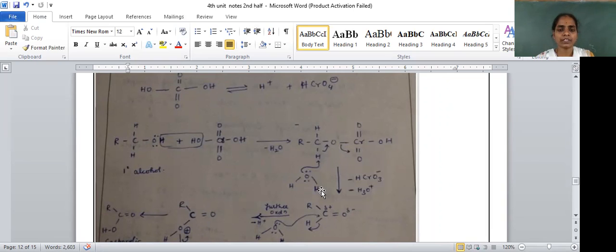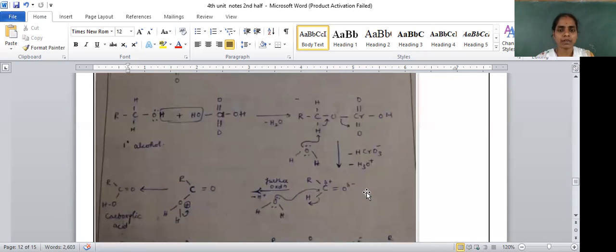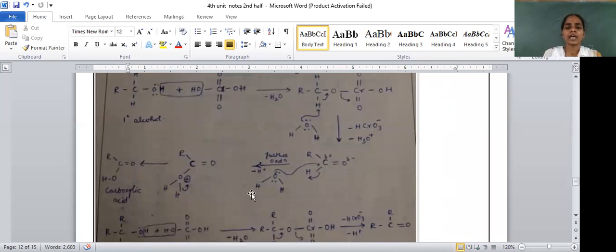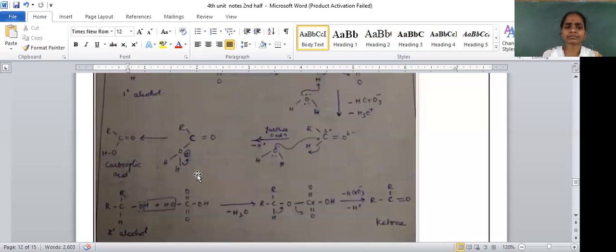In the presence of water, by taking the proton, it is removed as H3O plus, and R with a double bond O is formed, that means an aldehyde is forming. The aldehyde undergoes further oxidation as there is an alpha hydrogen, in the presence of water. Oxygen donates electrons to the carbocation, which is represented with the positive sign, and the bond forms and the positive sign is neutralized, giving R C double bond O OH. So here a carboxylic acid is forming.